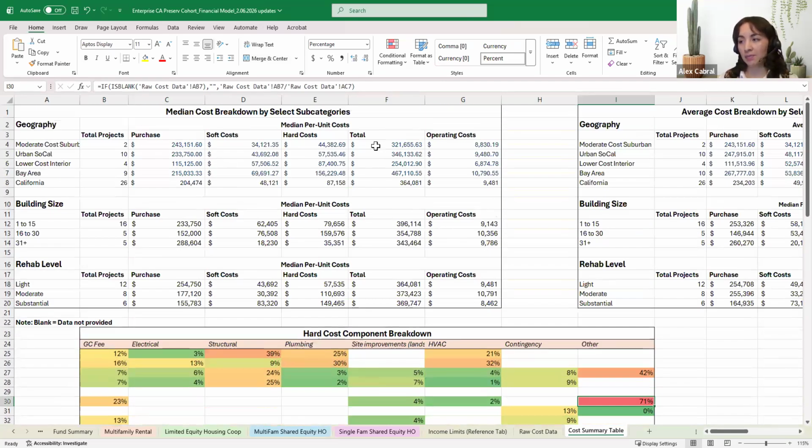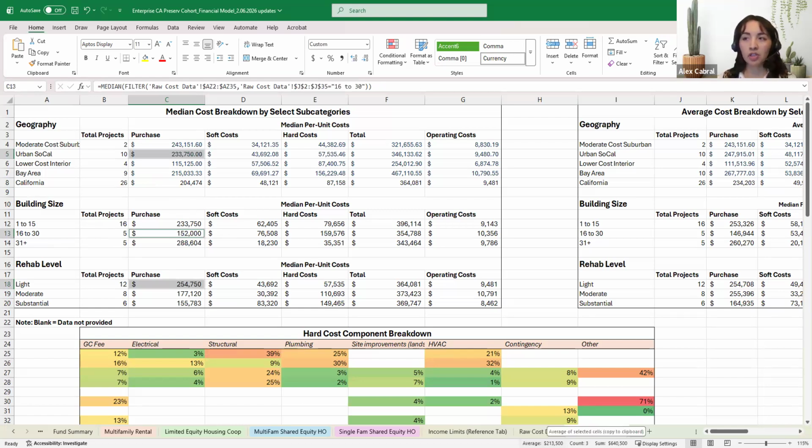So let's say you don't have project data for a project you are envisioning, so you decide that you are going to develop a 16 to 30 unit building in the urban SoCal area with light rehab, and you take a combination of these costs, and the average is 213,000.